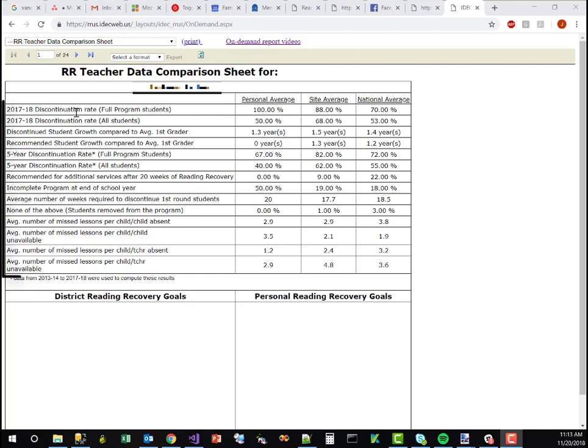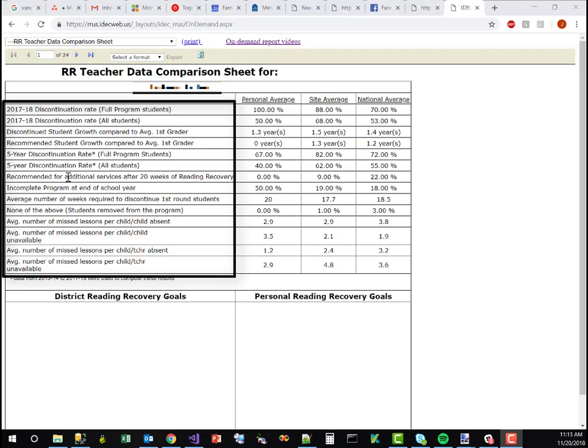It looks at the discontinuation rate for full program students, discontinuation for all students, the growth of your discontinued students compared to the average first grader, that's the random sample, the growth of your recommended students compared to the average first grader, a 5-year discontinuation rate for full program students, and a 5-year discontinuation rate for all students.